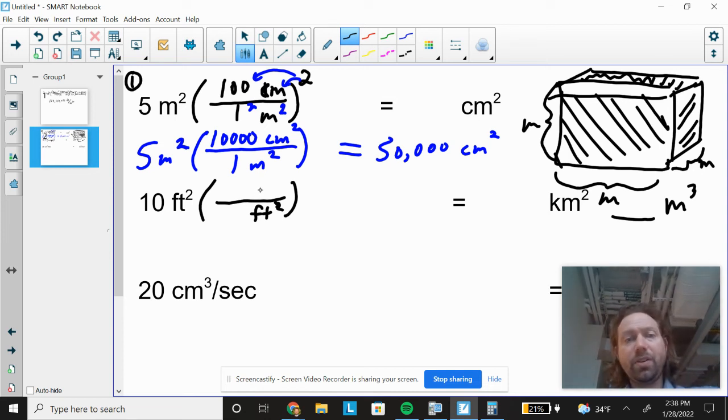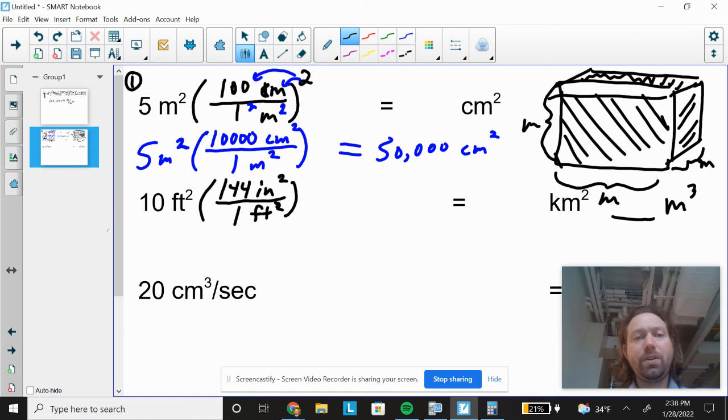Well, we know that there's a certain number of inches in a foot. Now, if I have a square foot, not just a foot but a foot squared, how many inches squared would I have? Well, that changes the number from 12 to 12 squared. So 12 squared is 144.